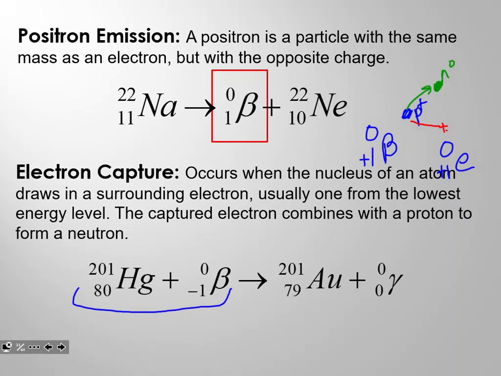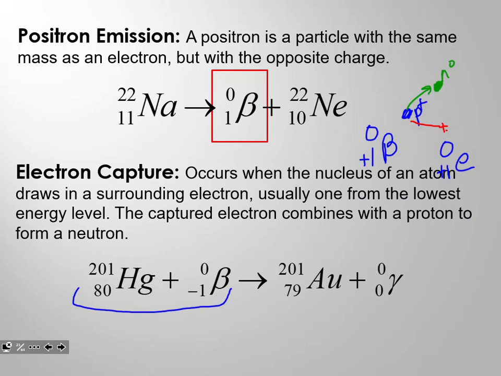So it takes in an electron, so you can use the beta particle to represent that because the beta particle represents an electron, but it goes on the left-hand side. Still make the numbers add up just like you would before. This process shows us that mercury-201 turns into gold-201, and it also gave off a gamma ray in the process. But it took in an electron, combined with a proton, and turned into a neutron.